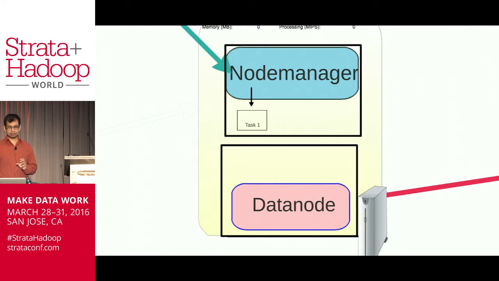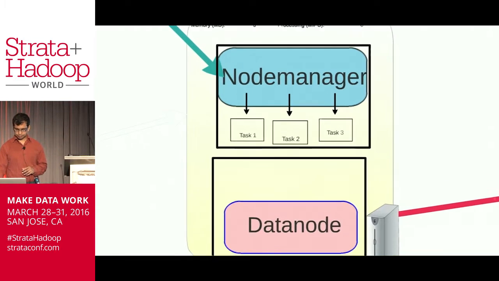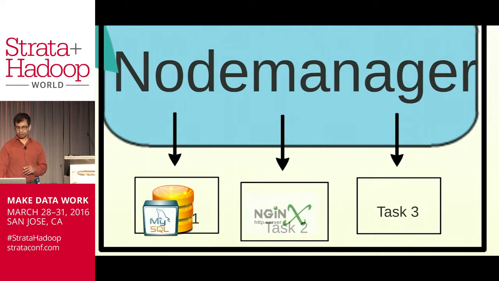What that means is the user launches these small tasks, and they want to run things like MySQL or an HTTP server inside the container. They want completely isolated environments inside these tasks. And you can do that with Docker if you launch Docker containers. And the question is, can you do that if your node manager daemon is also inside a container?